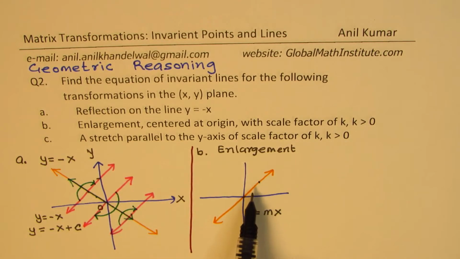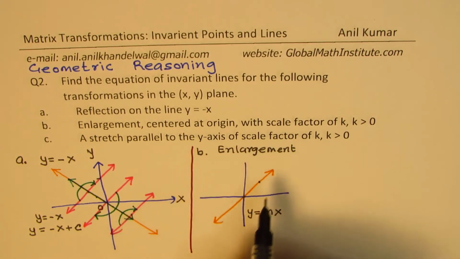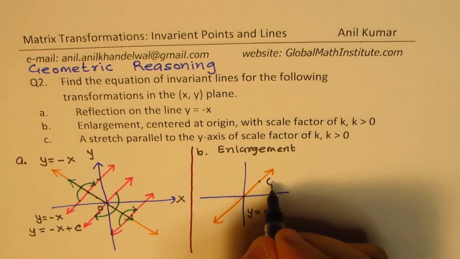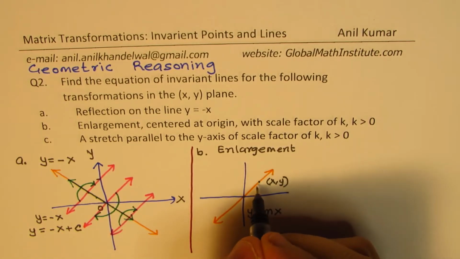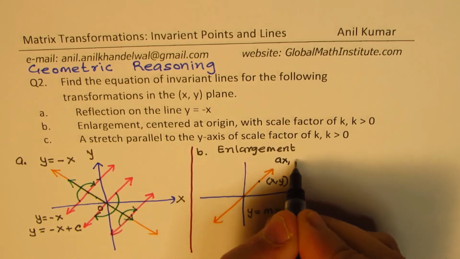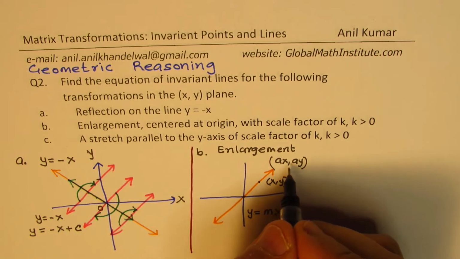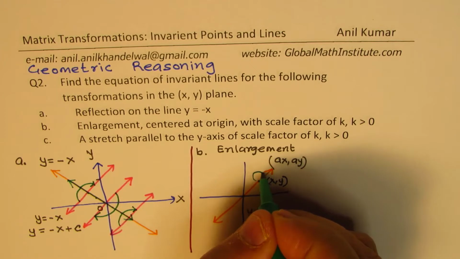If I take a point where I have a scale factor of k, that means a point on the line will have both its x and y values multiplied by k, right? So a point (x, y) will actually become (kx, ky). Both get multiplied by k, so the point will remain on the line itself.